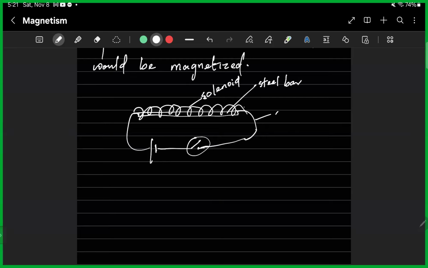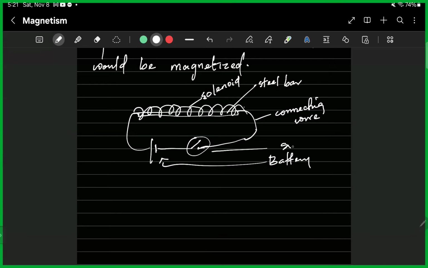These are connecting wires, this is a battery, and this is the switch. Let me give you some time to draw that diagram. Keep the concept in mind.